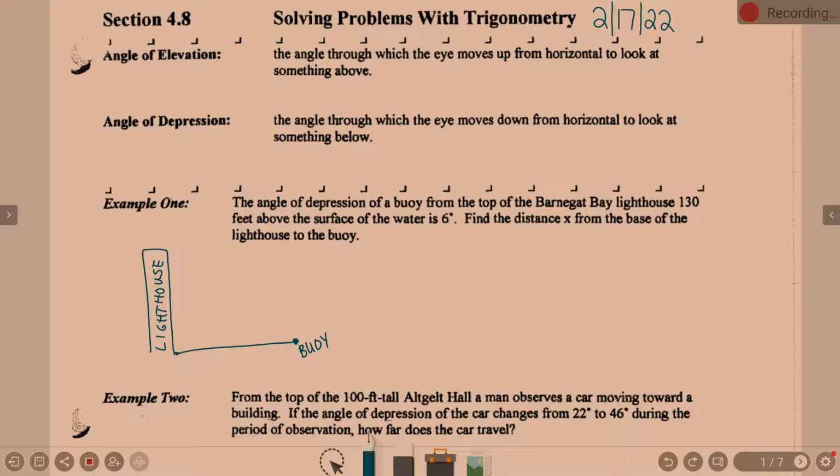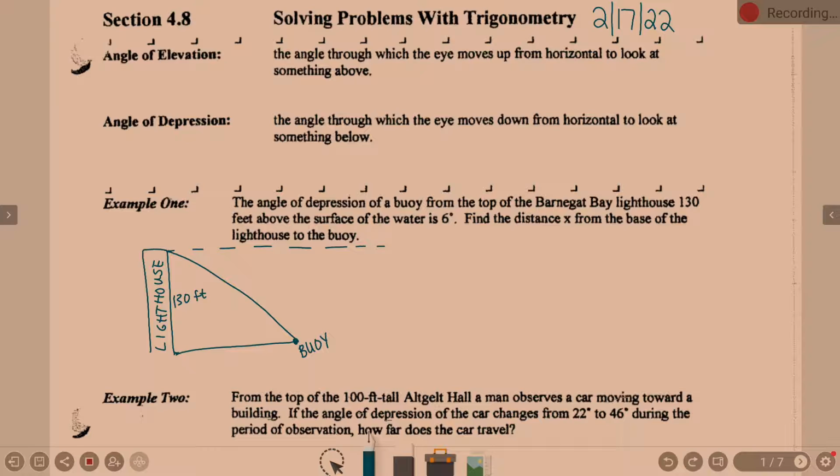And what else do I have? The angle of depression of a buoy from the top of the Barnegat Bay Lighthouse, 130 feet above the surface of water. So that tells me the lighthouse is 130 feet tall. And the angle of depression is 6 degrees. Now, if I'm standing on the top of that lighthouse, that dotted line represents me looking straight out. The angle of depression being 6 degrees, okay, that was not a very straight line, sorry.